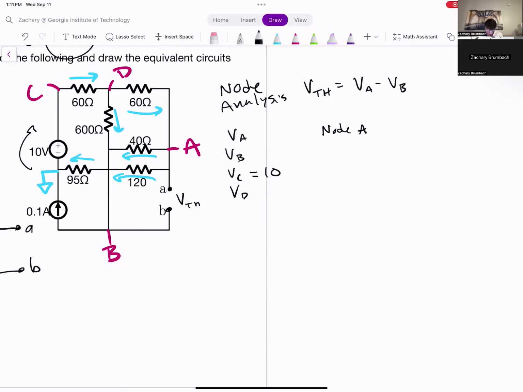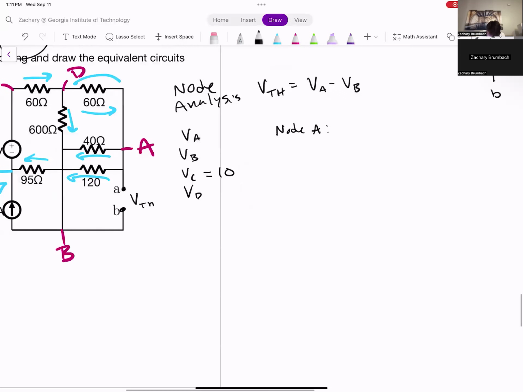So for node A, what we have is from node D to node A coming in, and that's the only one coming in for node A. So we have VD minus VA over 60.